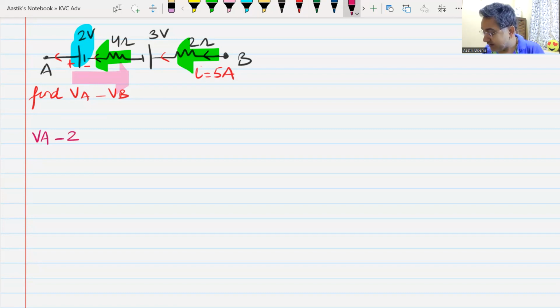Yes, sir. Then I move across this resistor. I am moving like this, but the current is going like this. Rise or drop? Rises, sir. So it will be plus 4 into 5. Then I move across the next battery, moving from the negative to the positive terminal.